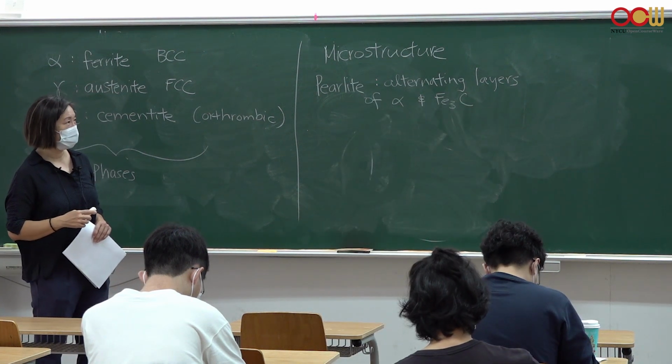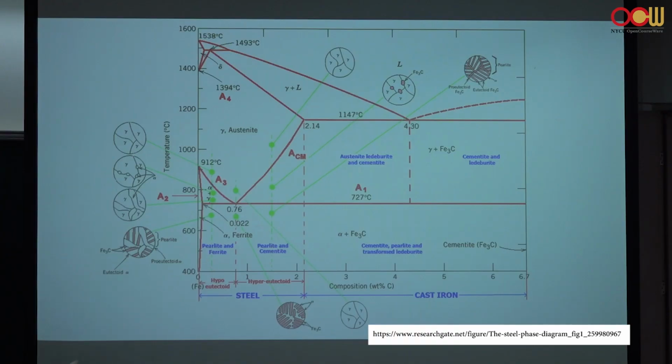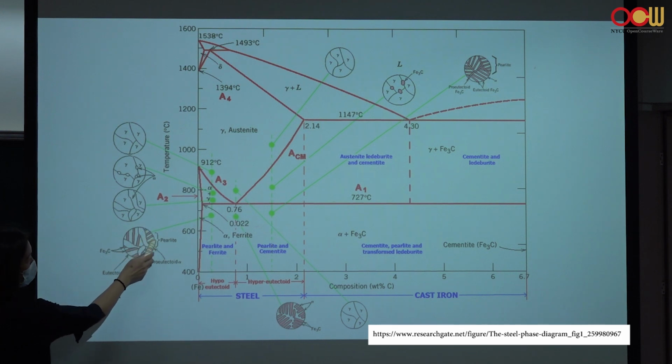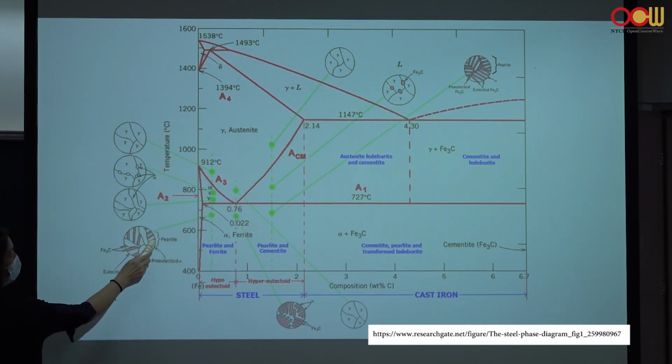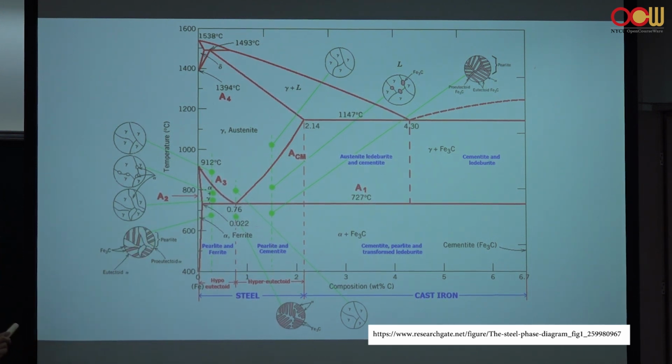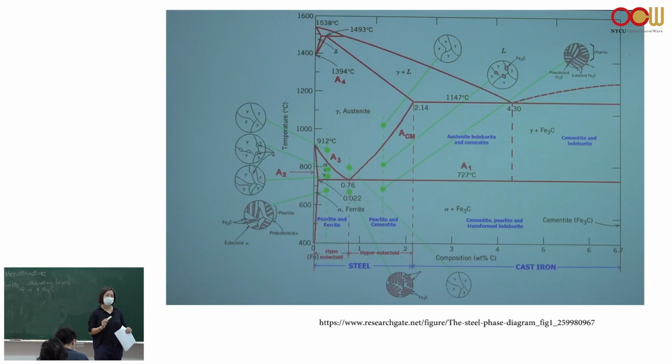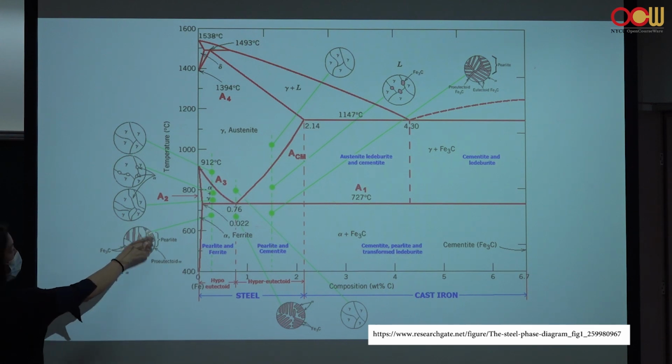In a micrograph under the microscope, the lines look wavy, kind of like pearls. So that's why people called it pearlite.